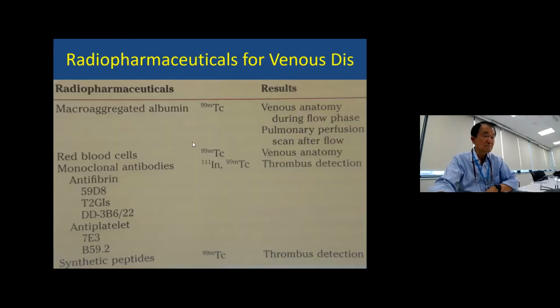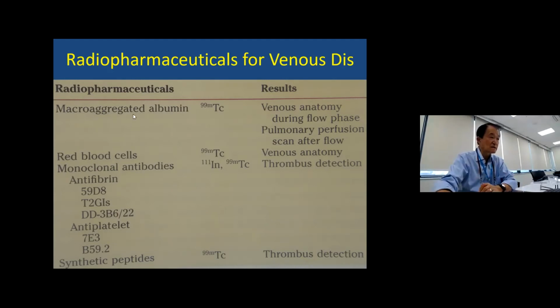So in the past years, we have technetium labeled a lot of agents to demonstrate venous anatomy and obstruction, particularly MAA or red cells. And we prefer to use this first if we can cannulate the veins, either lower leg, ankle, or foot vein, then we trace the flow.